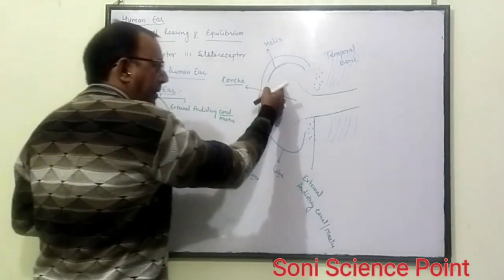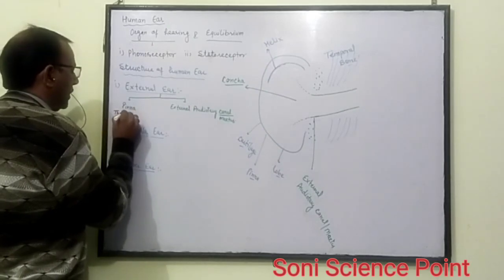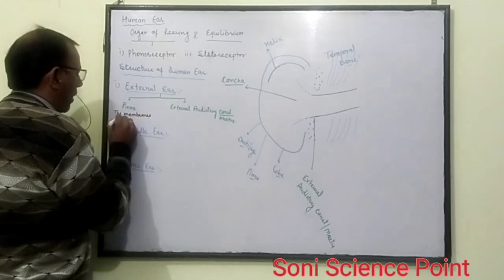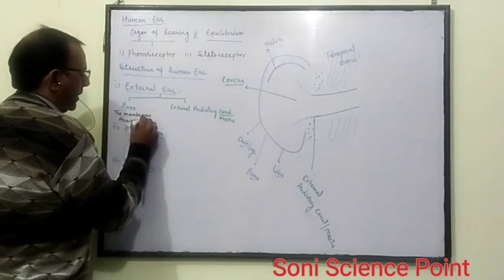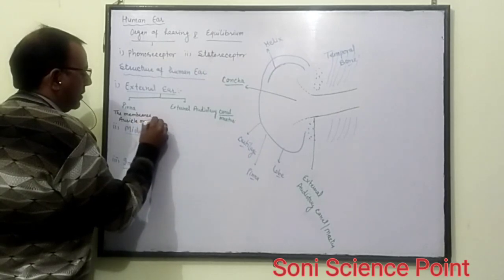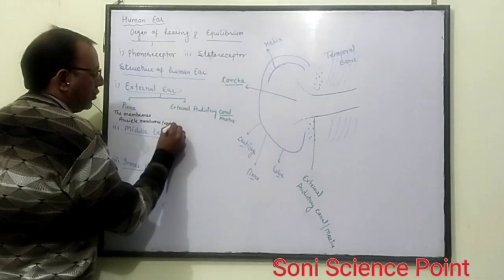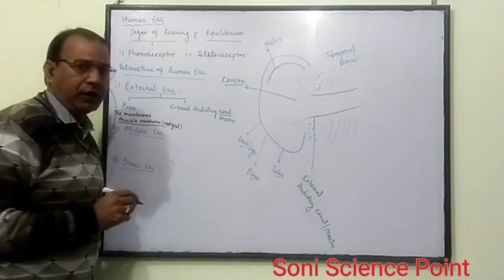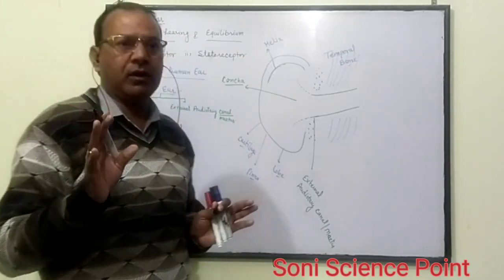Three auricular muscles are found in the pinna. These are vestigial in human beings, but in most animals they are functional. With the help of auricular muscles, they can move their pinna to collect sound.